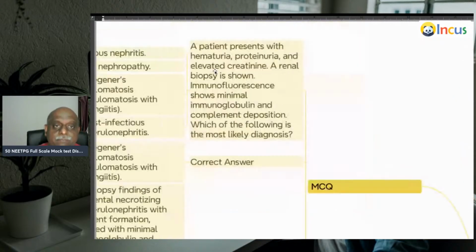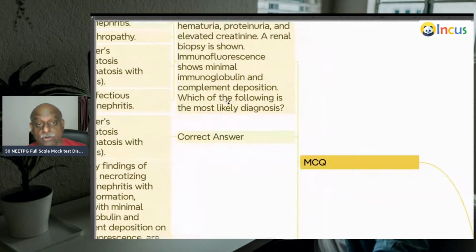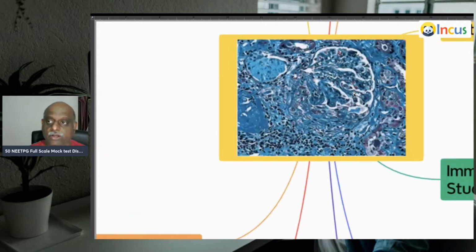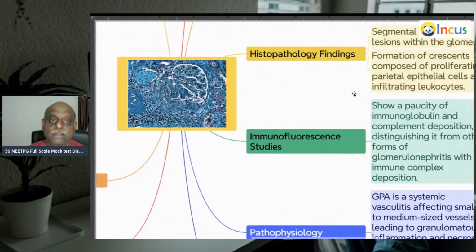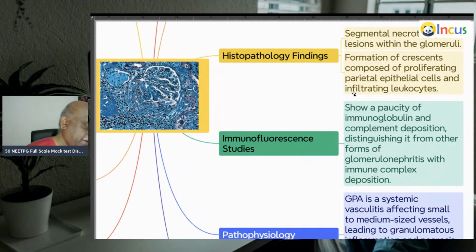Patient has hematuria, proteinuria, elevated creatinine, renal biopsy shows immunofluorescence. Typically, you are able to see on the histopathology, crescents are present. So what are crescents? In the Bowman's capsule, you have parietal epithelial cells and the podocytes. These parietal epithelial cells, when they proliferate with infiltrating leukocytes, encroach into the Bowman's capsule space.